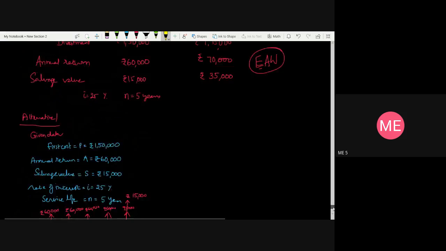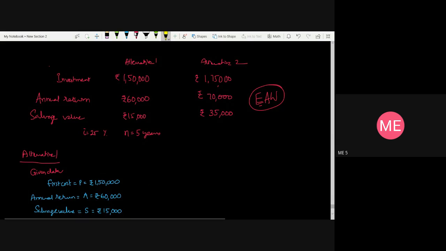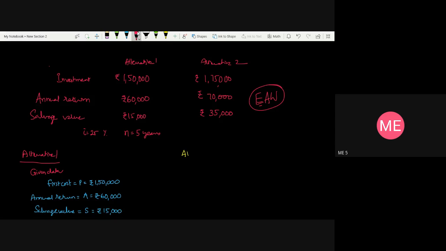Similarly, we can go for alternative 2. In alternative 2, the given data: first cost P is equal to rupees 1,75,000, and annual return A will be taken as rupees 70,000, and salvage value is given as rupees 15,000.